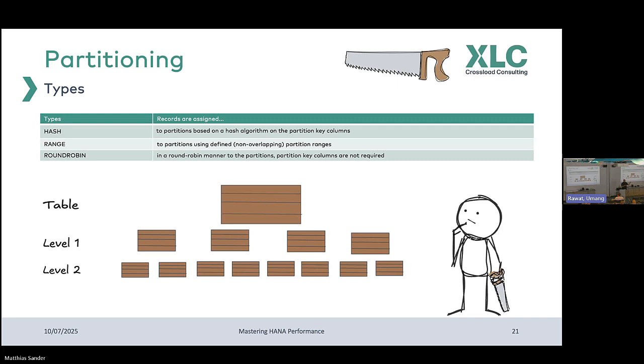You can only use the range partitioning, and then the range is on the first level. And since SPS 8, there's a new opportunity to have a third level. But as I said before, for now, we don't have any customer situation where we implemented the third level or where the third level is live.